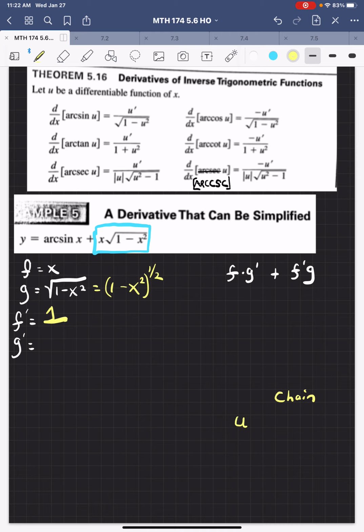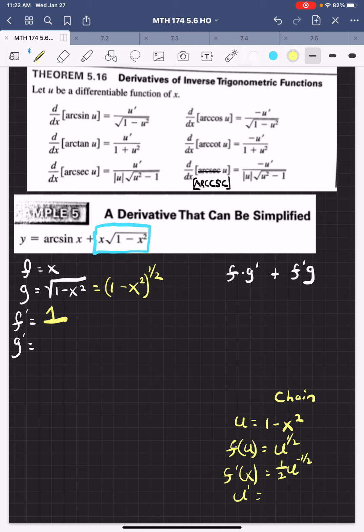So if we let u be defined as 1 minus x squared, then f of u would just be u to the power of 1/2. Now I need f prime and I need u prime. So f prime, that we've already seen, is just 1/2 u to the negative 1/2.